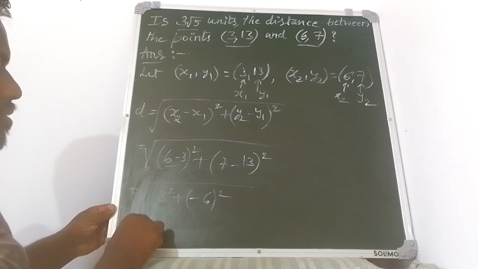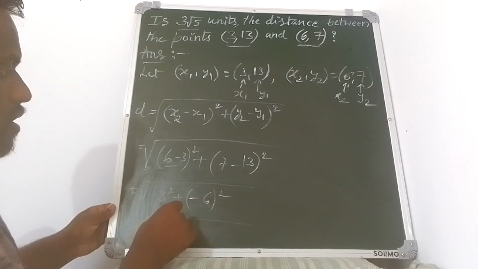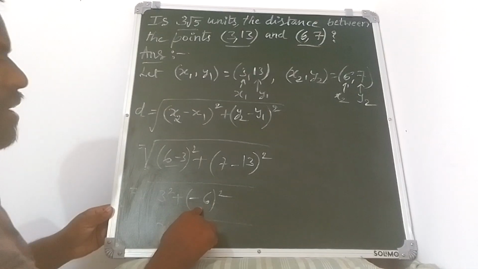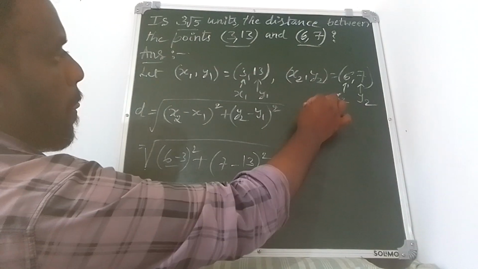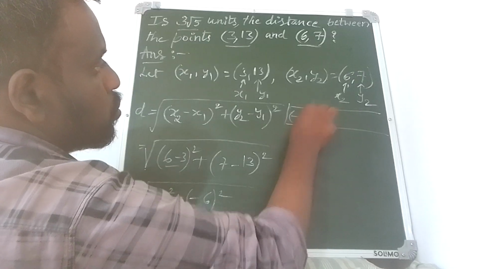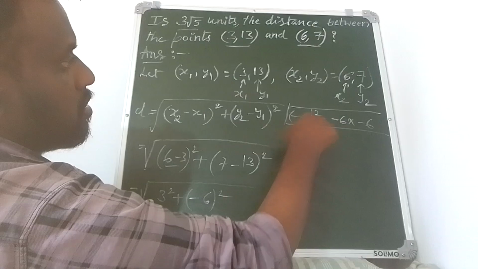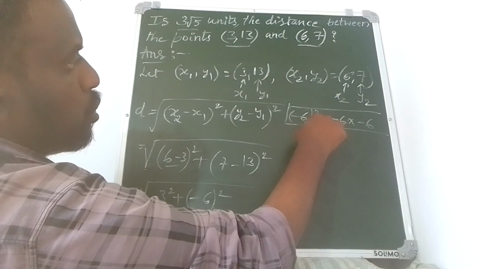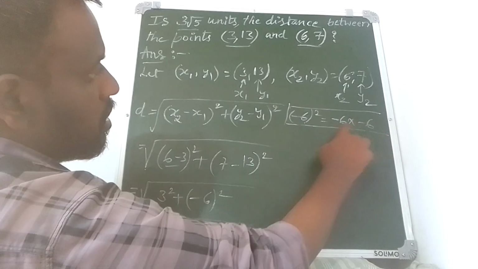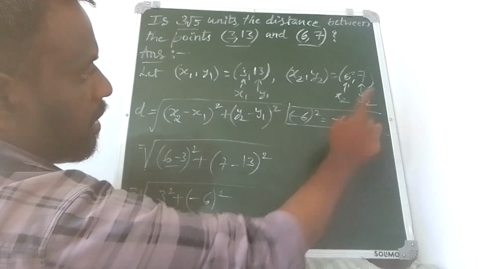So next step, this square root I am writing as it is. 3 square 9 plus next minus 6 whole square means minus 6 into minus 6. Minus 6 whole square means minus 6 2 times, so minus 6 into minus 6.